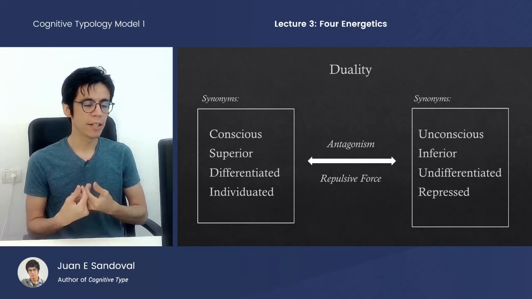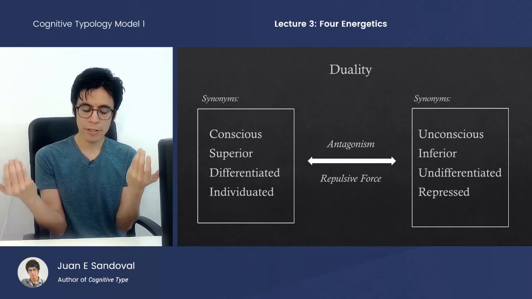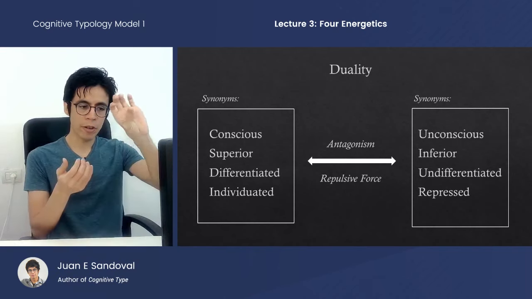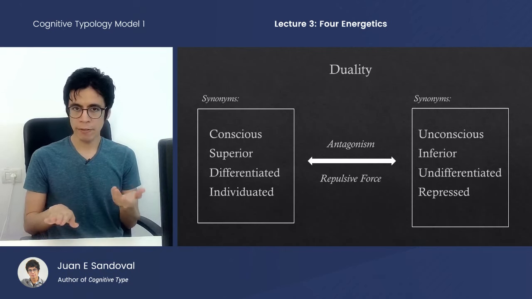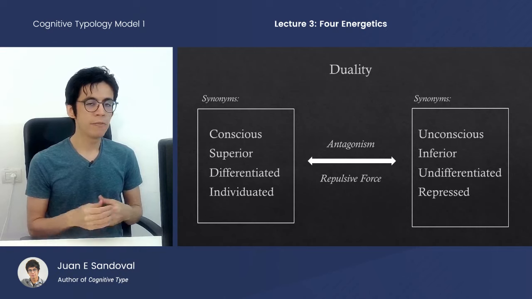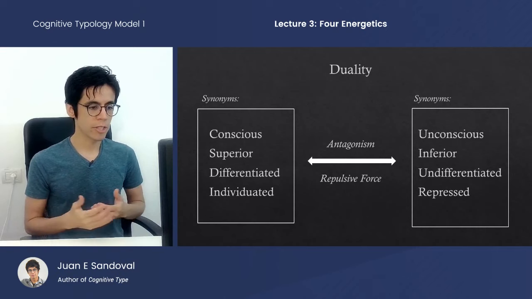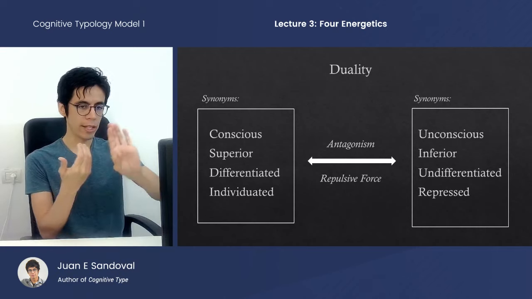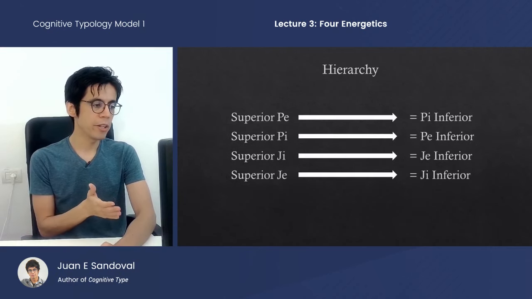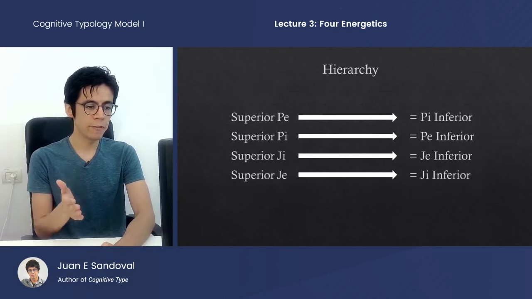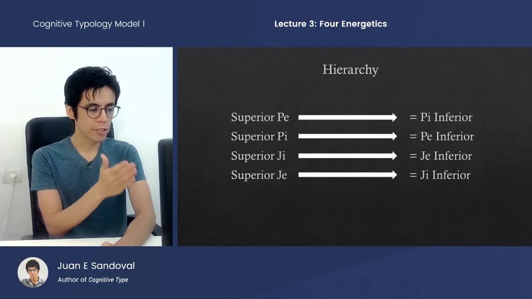One duality is conscious versus unconscious. Other times he talks about superior and inferior, differentiated and undifferentiated, and individuated and repressed. These are just examples of the way that he would cluster these two opposites together. So if you have a superior PE process, then you have an inferior PI process, and so on for each of the other three.